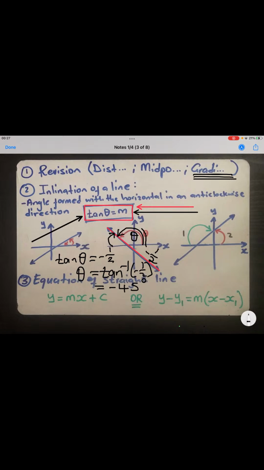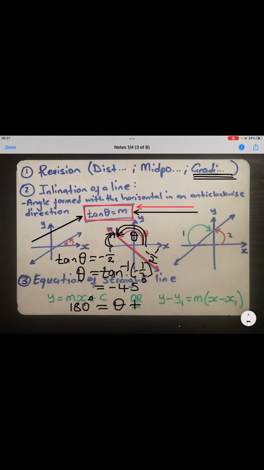This is where I'm saying, let's see, 180 degrees is obviously equal to the angle of inclination when you add it to that other angle there.